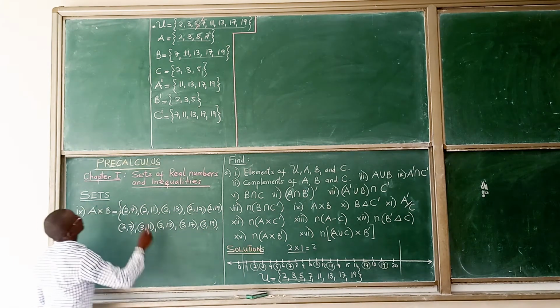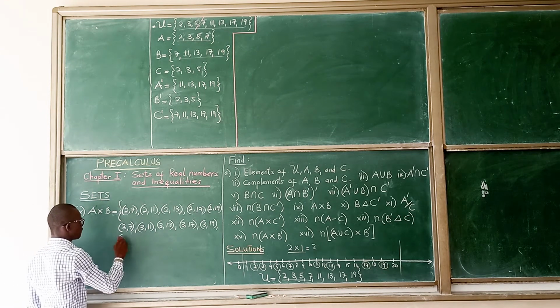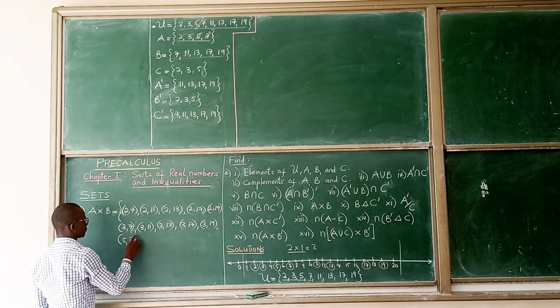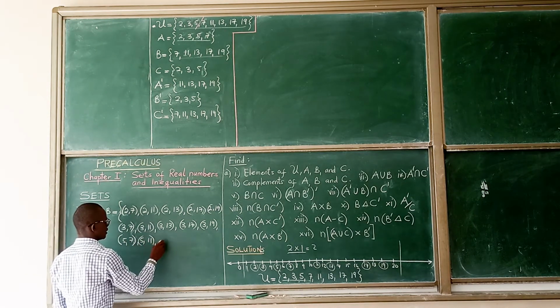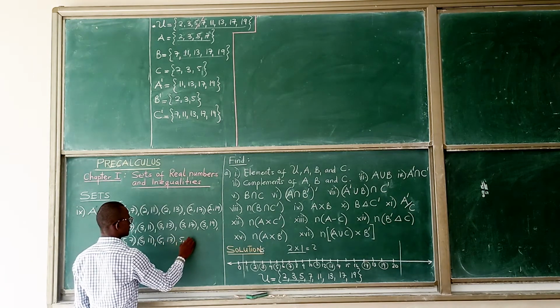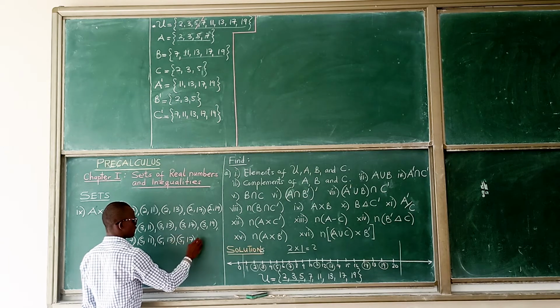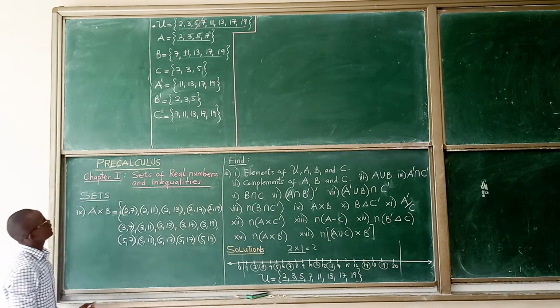So we move to the next element in set A, 5. So we say 5, 7, 5, 11, 5, 13, 5, 17, 5, 19. We've not done yet.